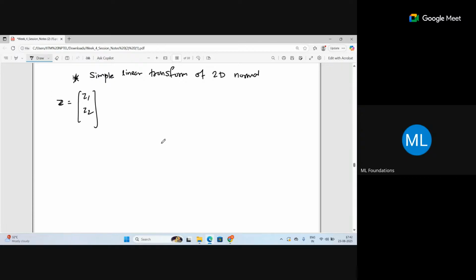So 2D normal, you can say it as a bivariate normal. Fine? Is that okay? Okay. So we will see some linear transformations, and we'll see the simple linear transformations. What do you mean by simple linear transformations?